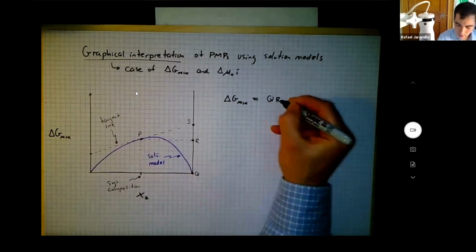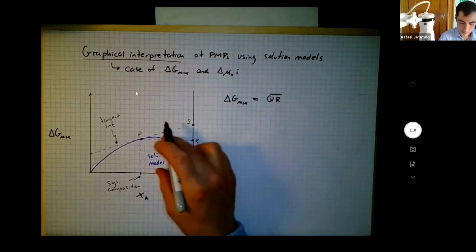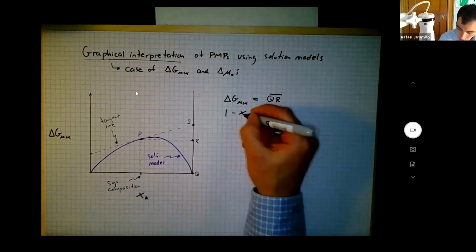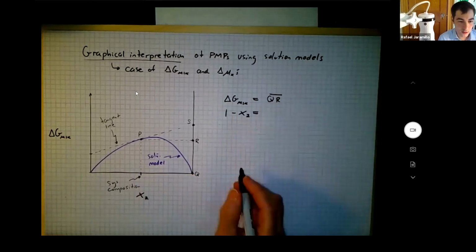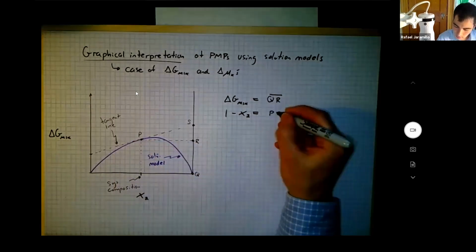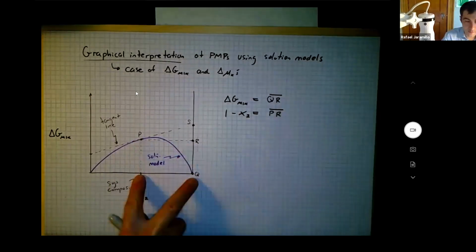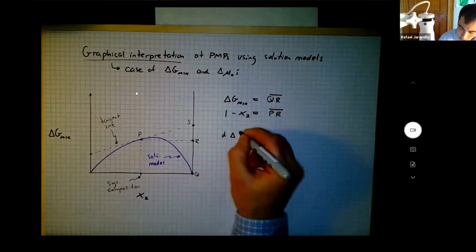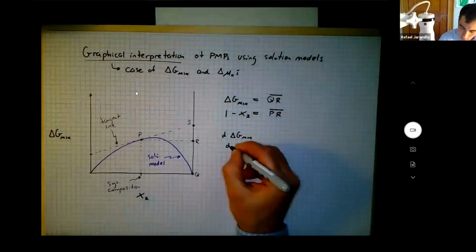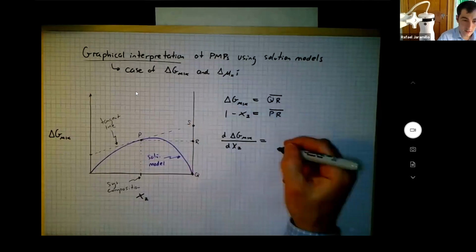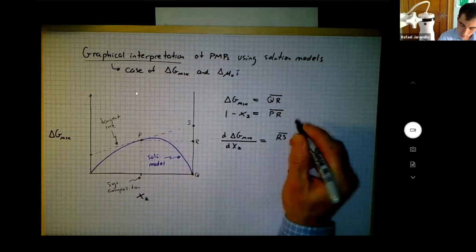That's that length, the curve evaluated at P. The quantity 1 minus x2 equals PR, that's just that length. And the slope, d delta G mix dx2, is rise over run. The rise is RS and the run is PR.